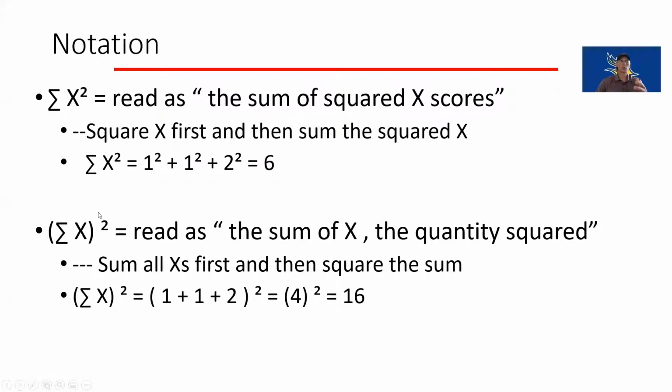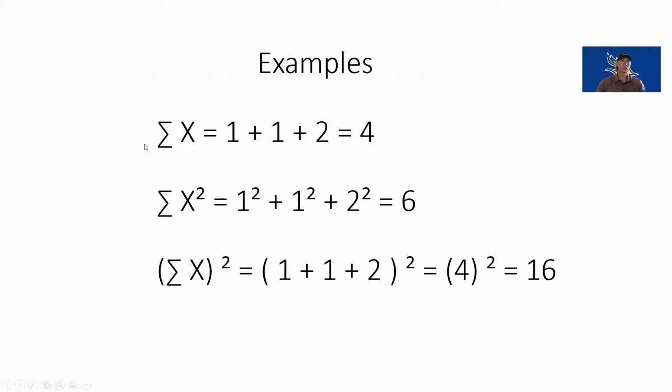Sum of squared x scores and sum of x quantity squared are different. So notice this difference, star this difference. You'll need to know it for our examples. So here we have 3 values. Variable 1 gave a measurement of 1, the second participant, maybe also 1, and this variable is 2.